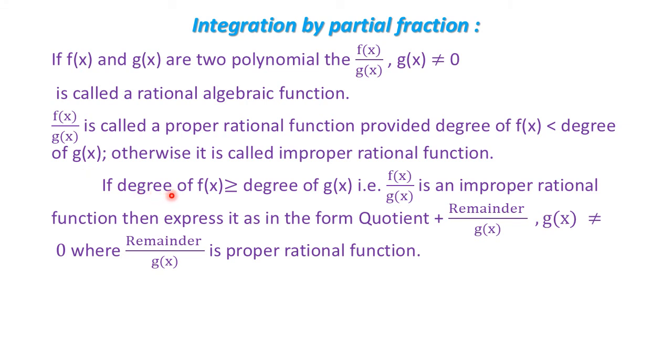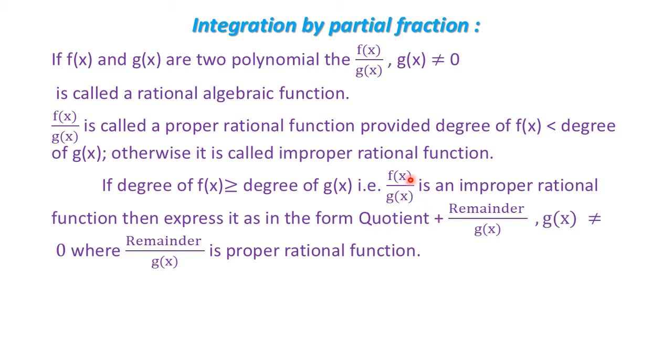So if the degree of numerator, that is f(x), is greater than the degree of denominator, that is g(x), then this improper rational form we first have to express as a proper rational form by using the format quotient plus remainder by g(x). Now how is this obtained? Here we have to divide f(x) by g(x).